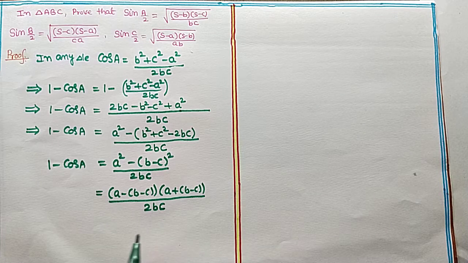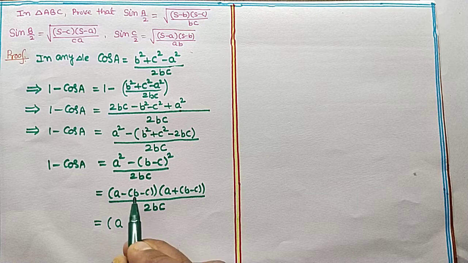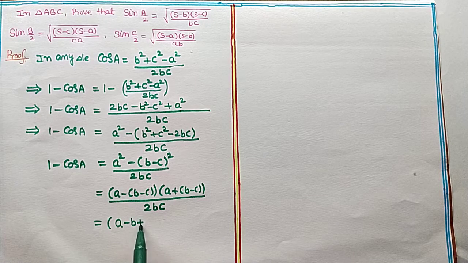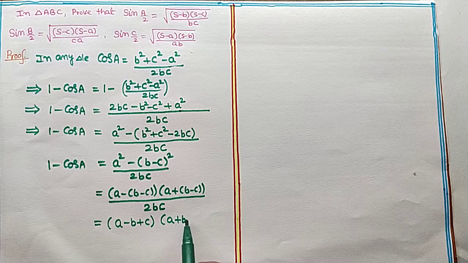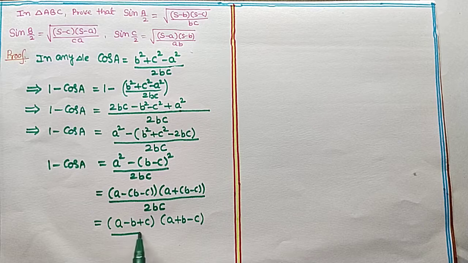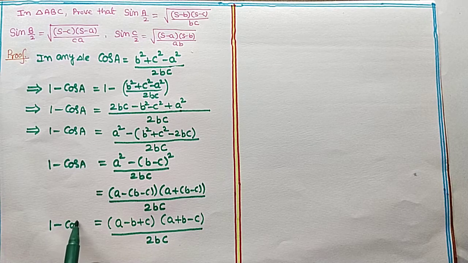That is, (a minus b plus c) into (a plus b minus c) divided by 2bc. This is the value of 1 minus cos A.